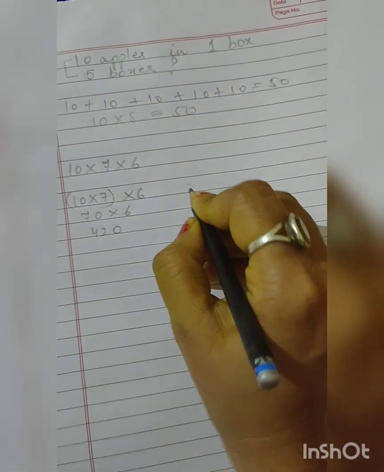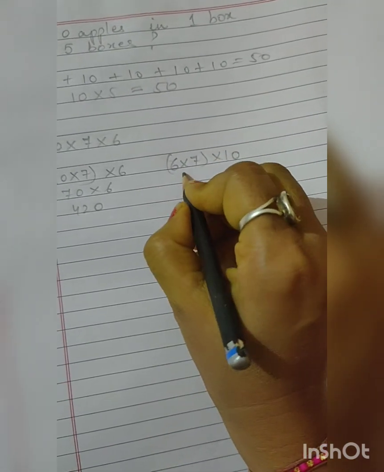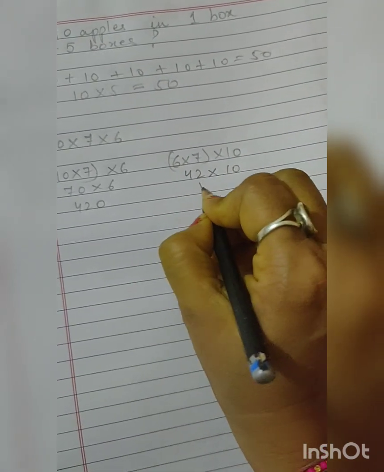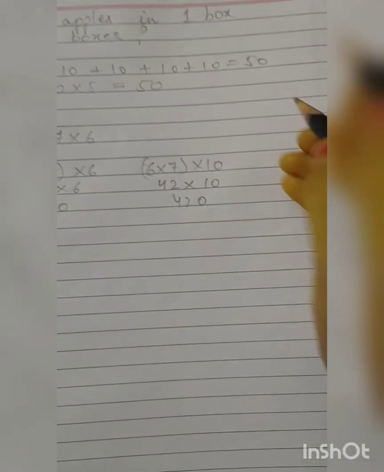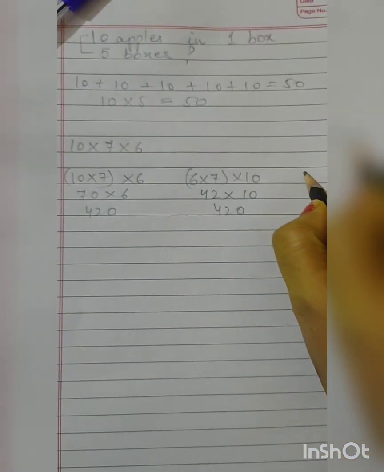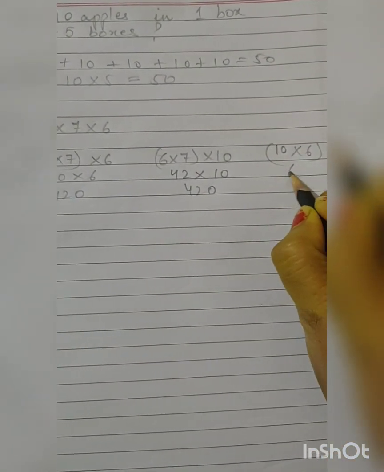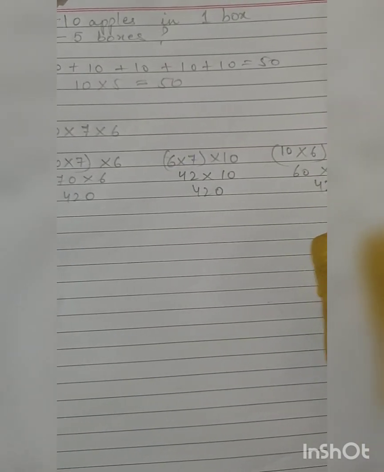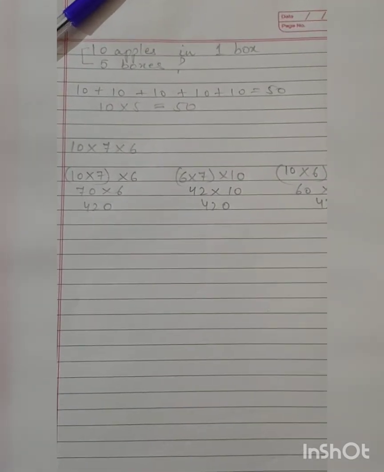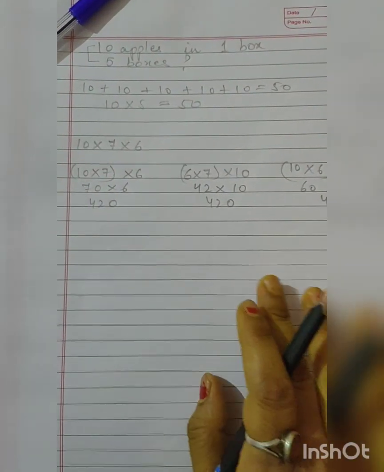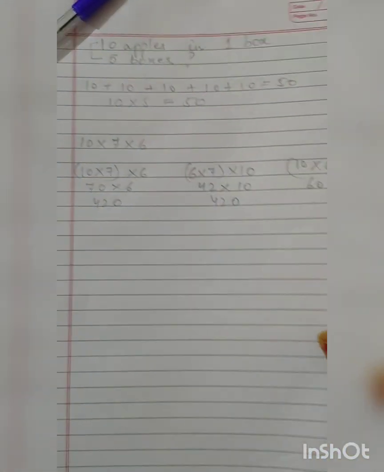If we take 6 multiplied by 7 and then multiply with 10, it is 42 multiplied by 10, again 420. Or if we multiply 10 and 6 first and then multiply with 7, then also it is 420. So when we have three or more numbers, we can group them and then multiply, and we will get the same answer.